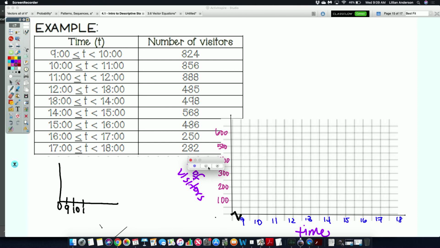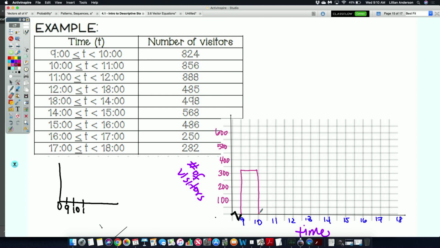For me, I decided to scale it so that every line goes by 50. So 324 would be right below, halfway between 300 and 350. And I create my bar between 9 and 10 at 324.